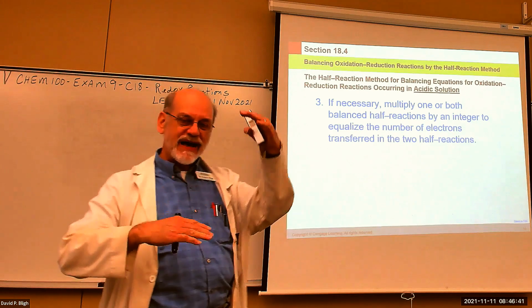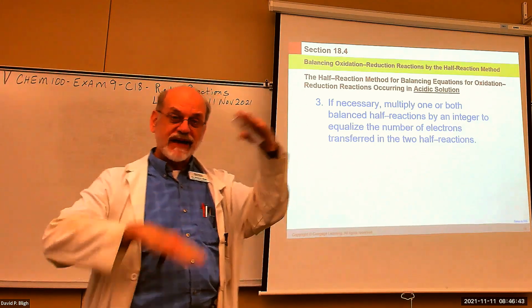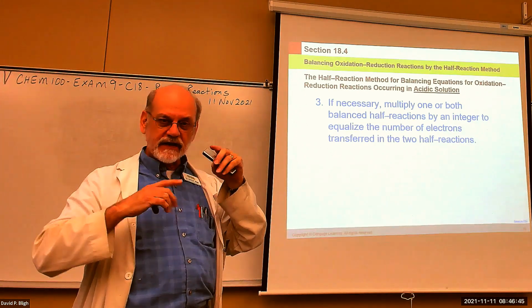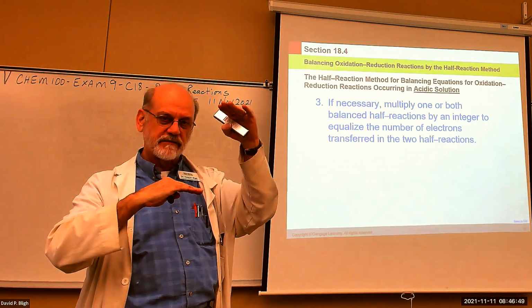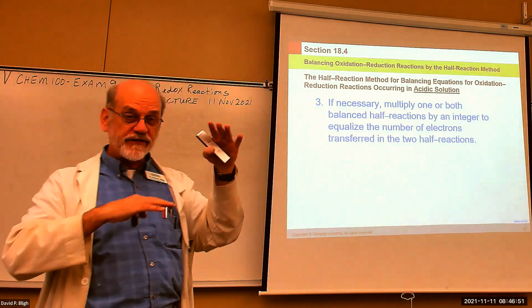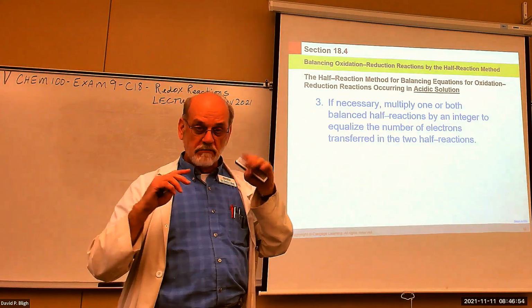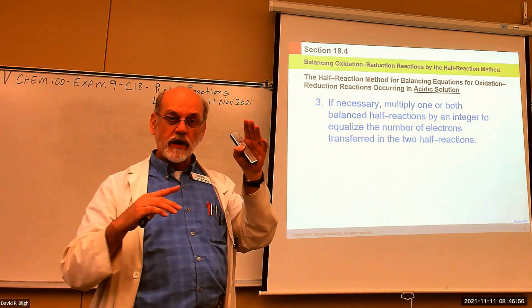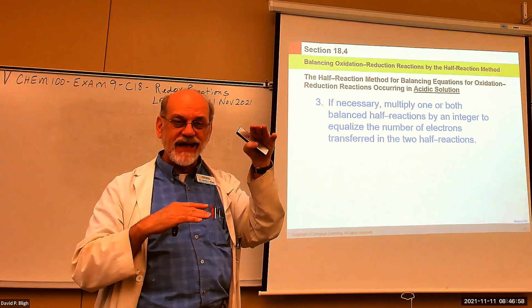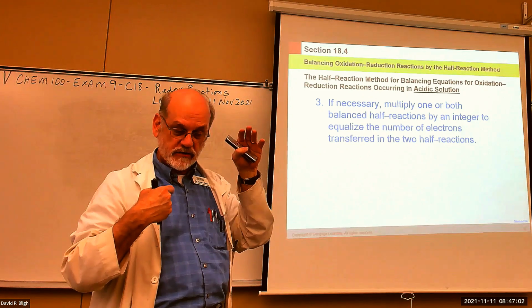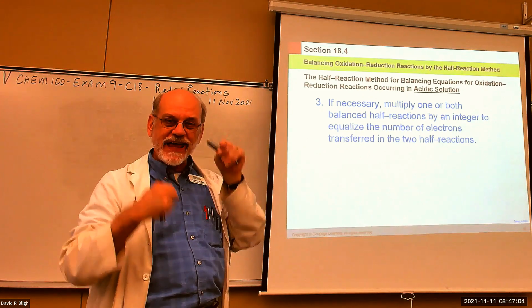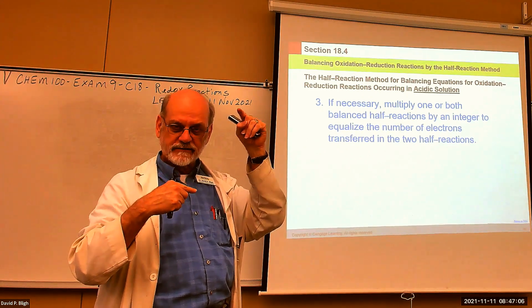Before we can combine the two equations back together, the electrons have to be balanced. They have to be the same in each reaction. So if they're not the same, you multiply one or both of the equations by some value all the way through the equation, the half reaction, so that you get the same number of electrons in each one.